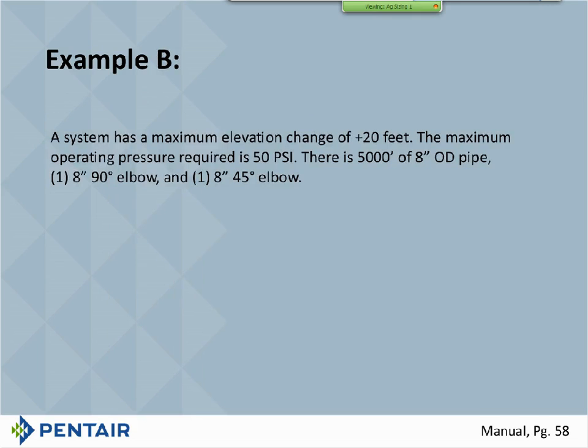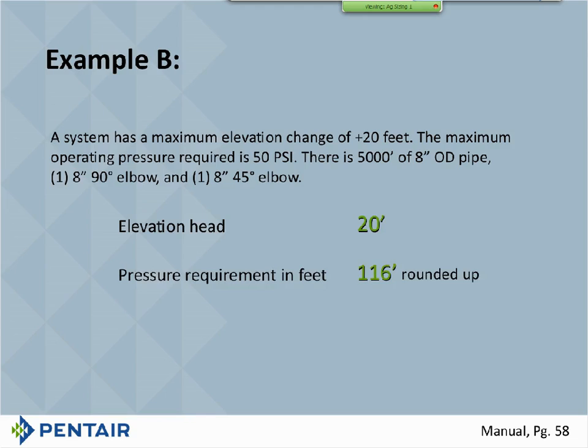Now in example B, we're basically going to do the exact same thing with one exception. You'll notice we went to 8-inch OD pipe. So our elevation head is going to remain the same. Our pressure requirement is still going to be 116 in feet, remember. The actual length of pipe didn't change, it's still 5,000.